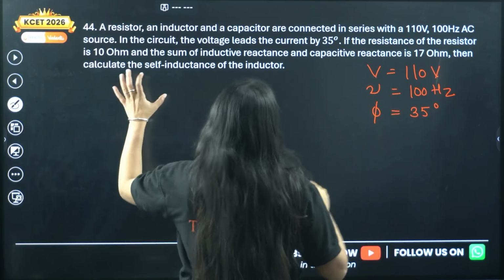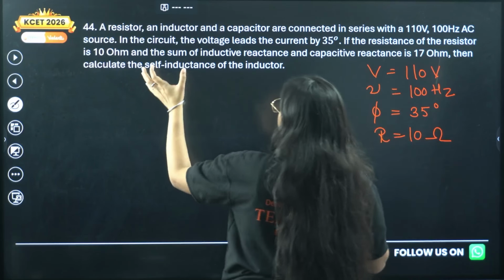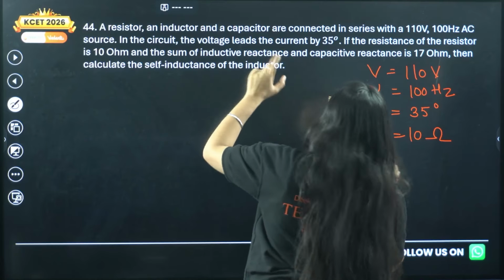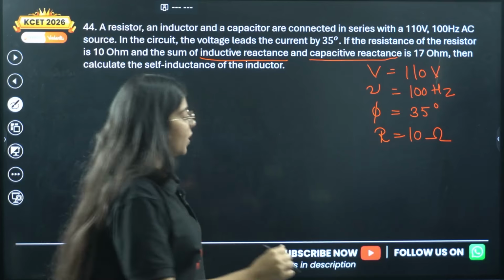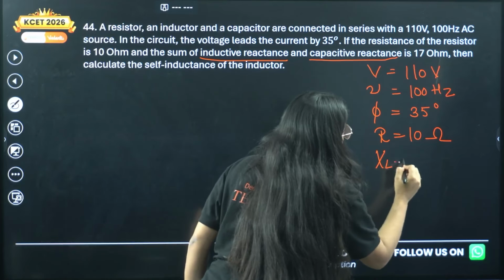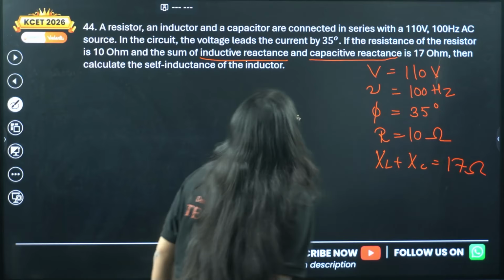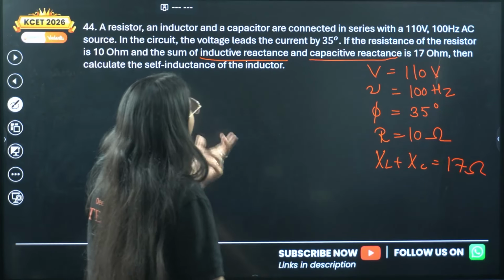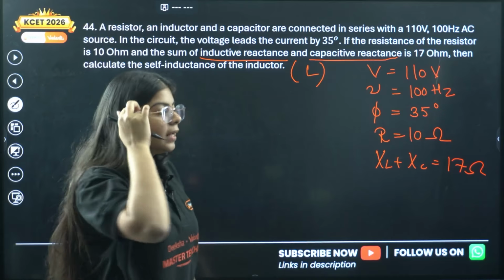If the resistance of the resistor is 10 ohm, and the sum of inductive reactance and capacitive reactance is given as 17 ohm, then calculate the self inductance of the inductor, which is L.